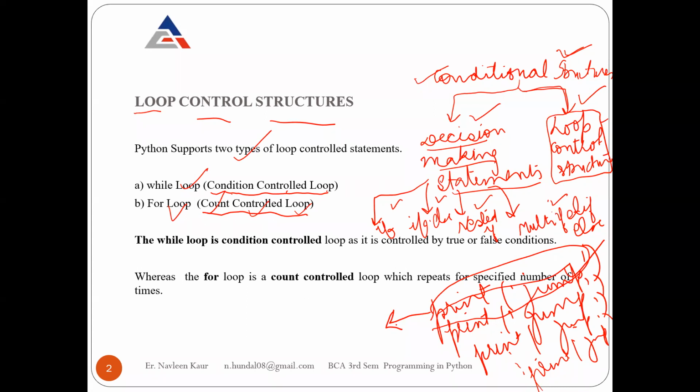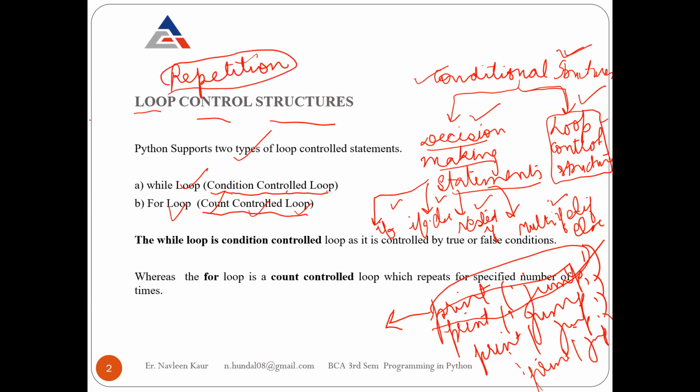So this is an efficient and optimal way of writing code, because I am writing the statement once. It has saved my time, effort and energy. So wherever there is repetition, what you have to do?